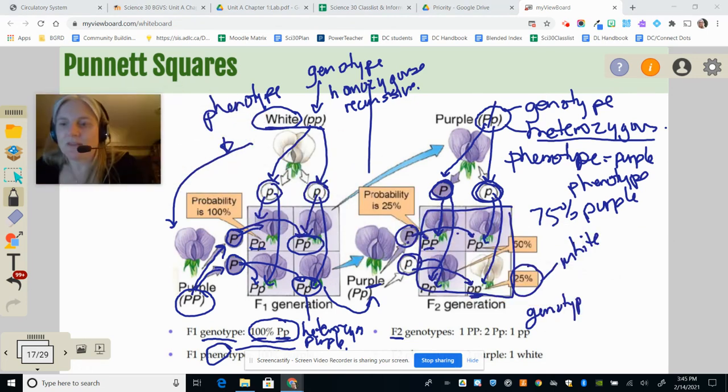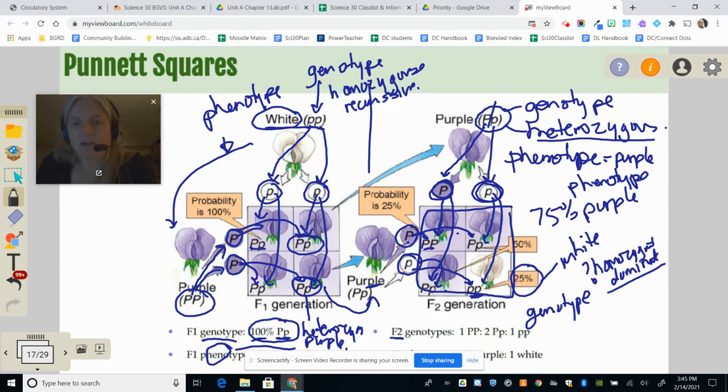We want to look at the actual alleles. So what percentage of the offspring are homozygous dominant? Well, that's the only one there that's homozygous and dominant. So that's 25% of the offspring.